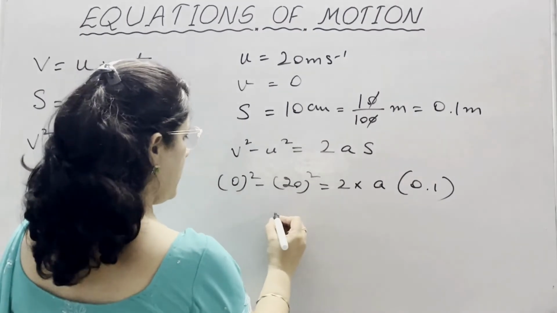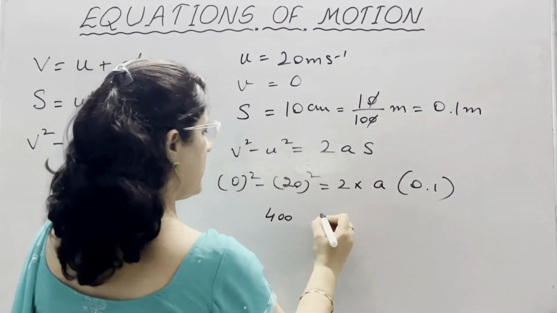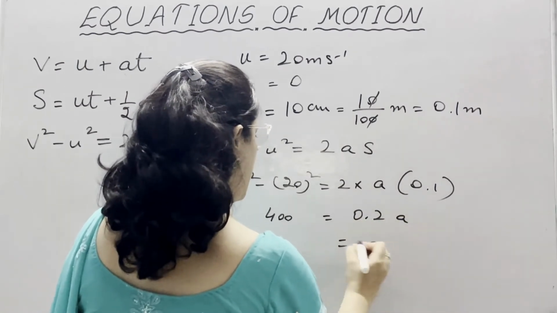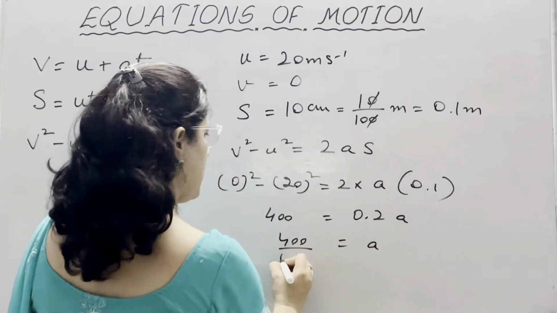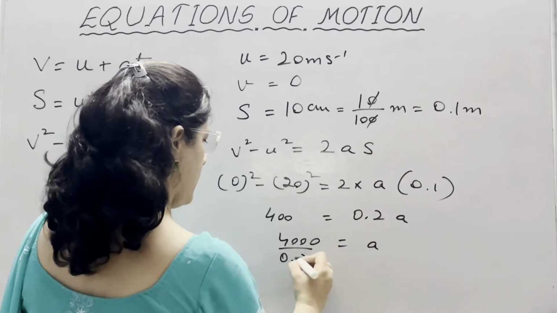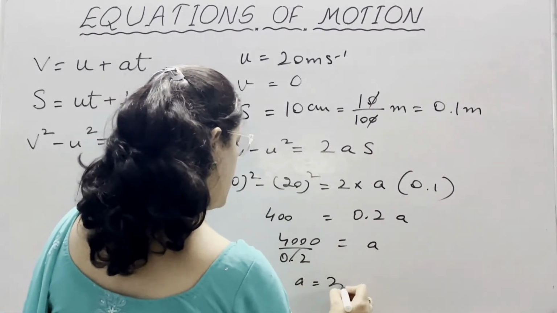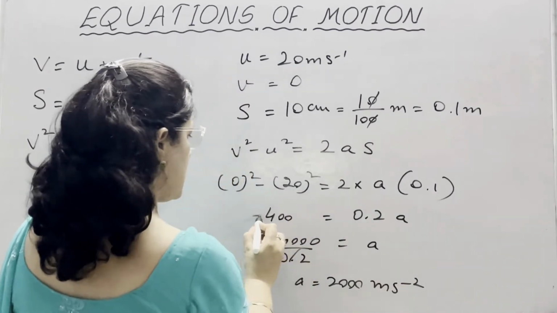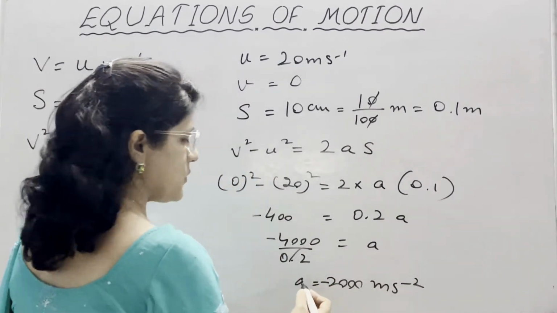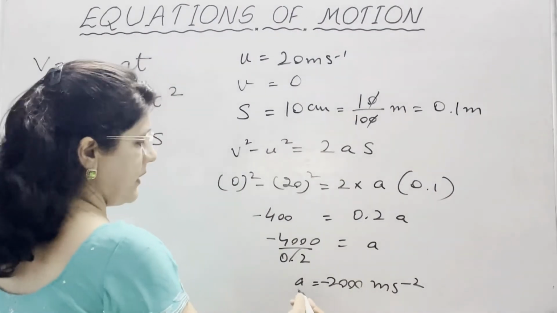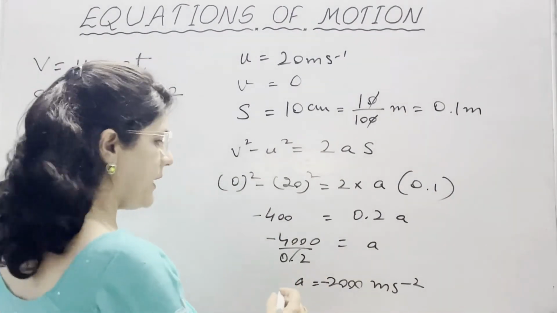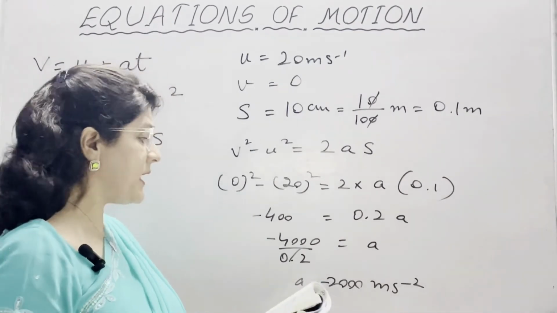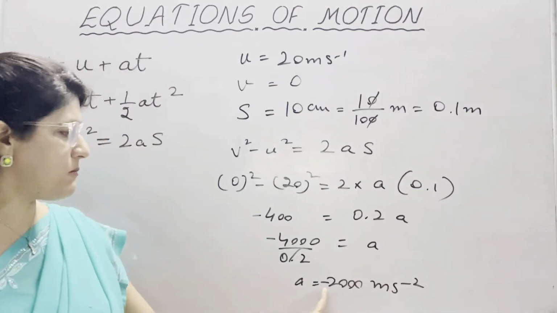So 20 square means 400 is equal to 0.2a. a is equal to 400 divided by 0.2. Acceleration is 2000 meter per second square. This is negative, so negative acceleration means retardation. If we are going to write retardation, then no need to add this minus sign. But if you are writing acceleration, then you need to put this minus sign.